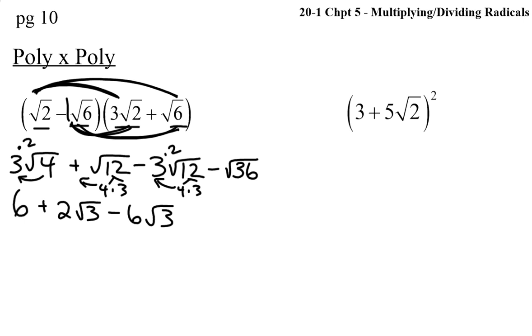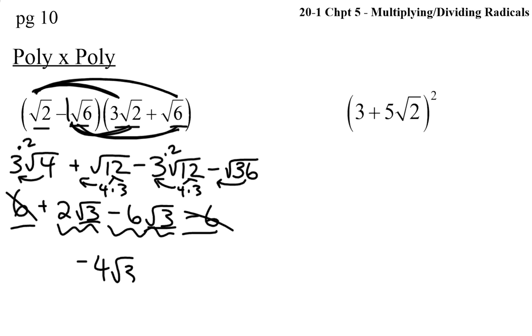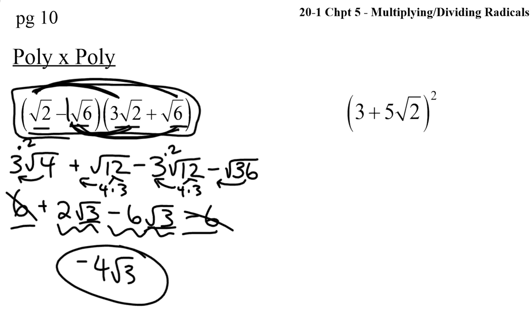And then 36 is a perfect square itself, root it out, we're left with negative 6. Like terms, 6 and a negative 6 cancel out. 2 root 3 and negative 6 root 3 are like radicals, negative 4 root 3. There's the product for that initial calculation.